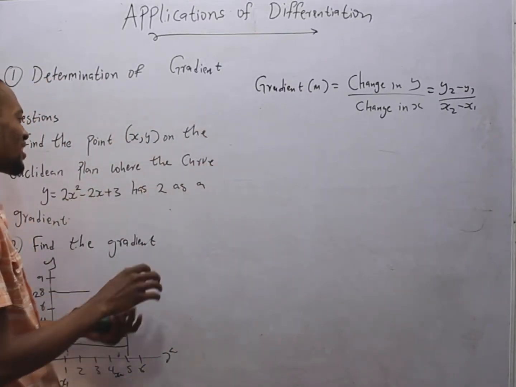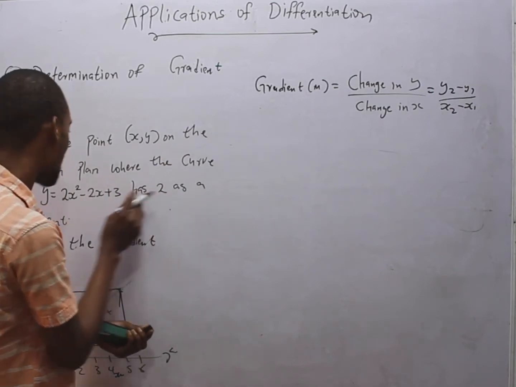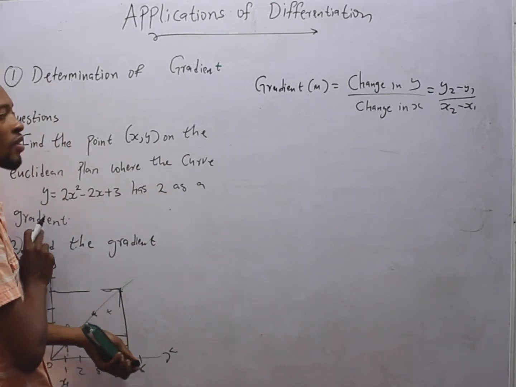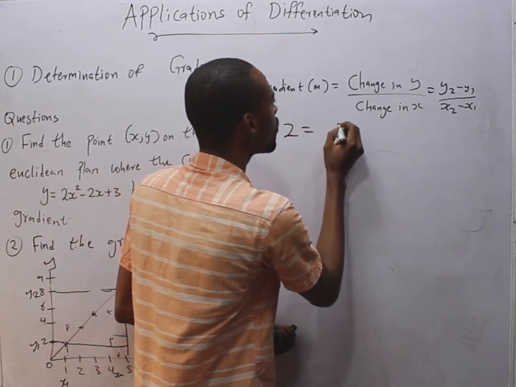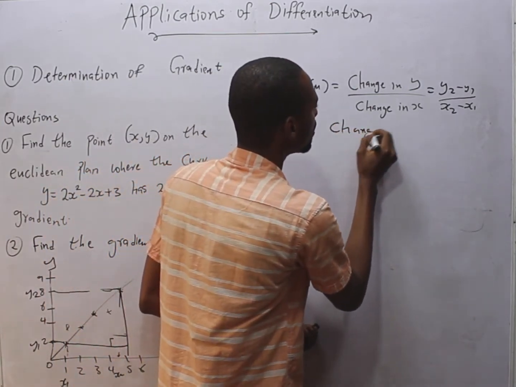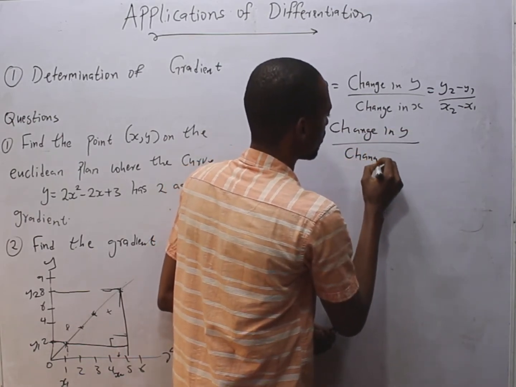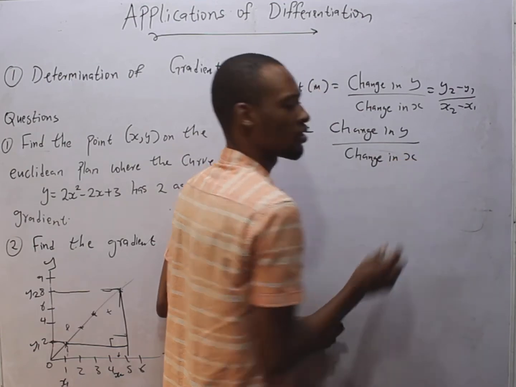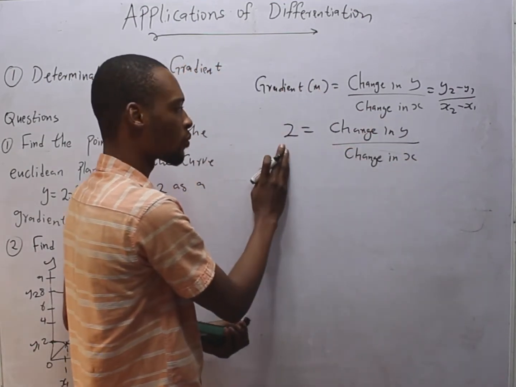Let's assume you don't understand the whole grammar here. But from here, it says where the curve has 2 as a gradient. This means gradient here is 2. So 2 is equal to change in y over change in s. Or change in y divided by change in s is equal to 2.